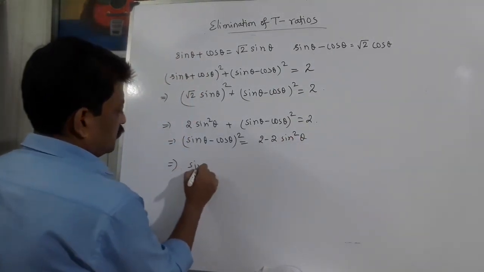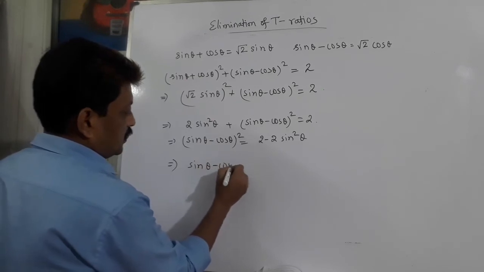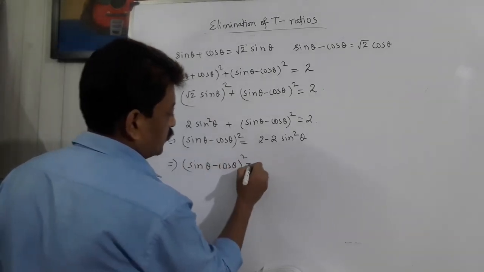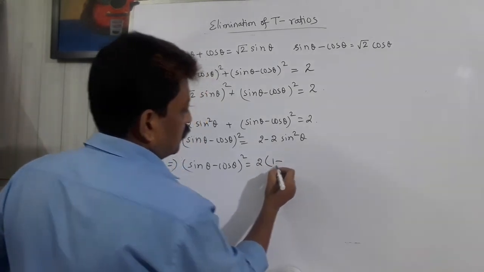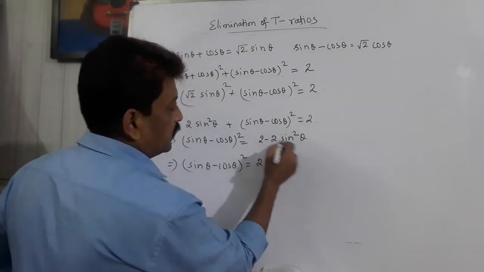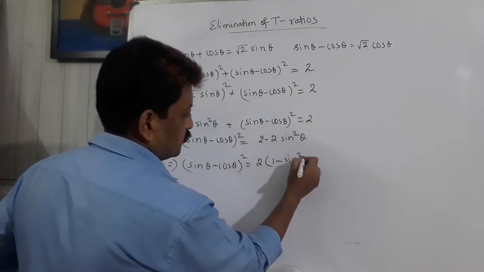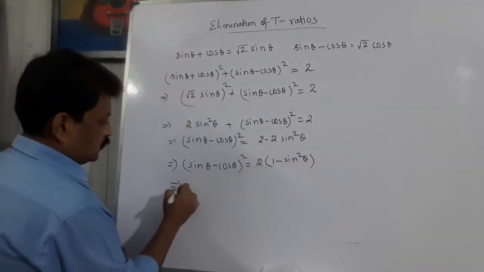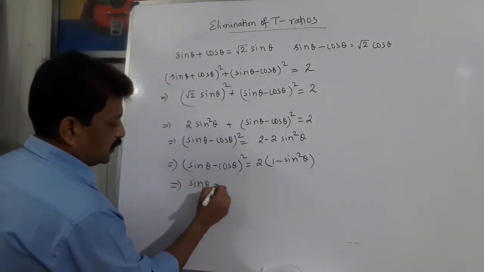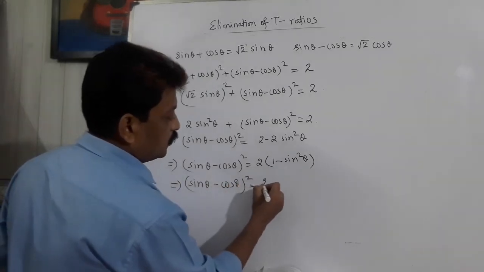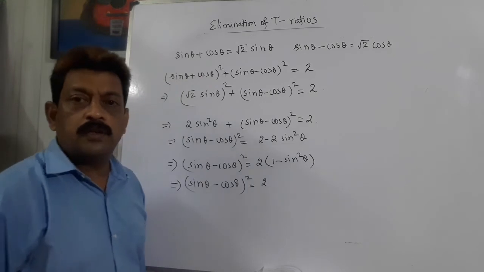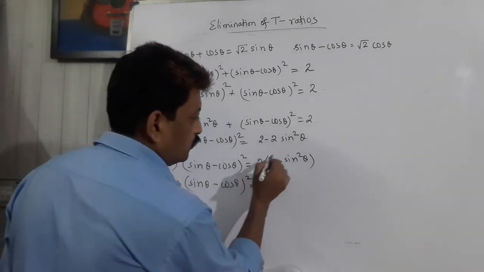So sin theta minus cos theta whole square equals, I can take 2 common, so it is 2 times 1 minus sin square theta. So sin theta minus cos theta whole square equals 2, and 1 minus sin square theta is cos square theta, so it will be 2 cos square theta.